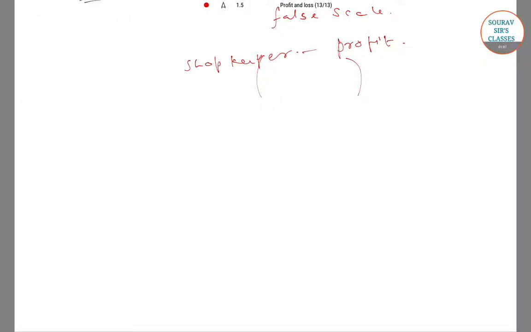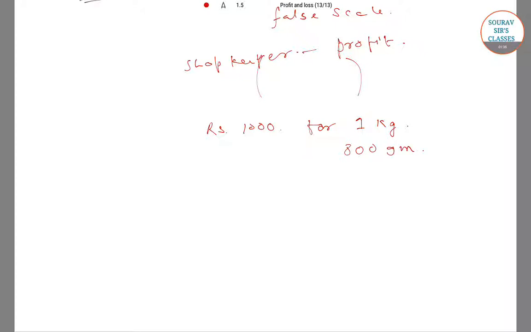So suppose a shopkeeper said that he sold almonds for ₹1,000 for 1 kilo, saying that he is selling it at the cost price, but in reality he is only giving the customer 800 grams.